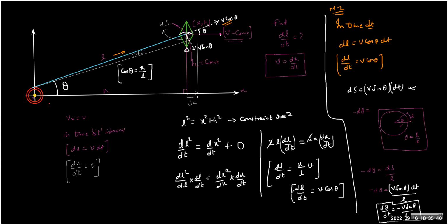Theta must be related to x and h. Yes. So what relation exists between h and x and theta? Tan theta. Very good. So the rule is simple, because you know the suitable or meaningful relationship between the variables.